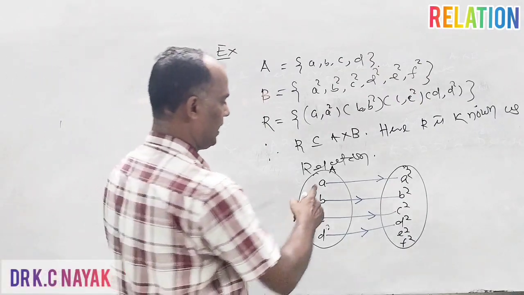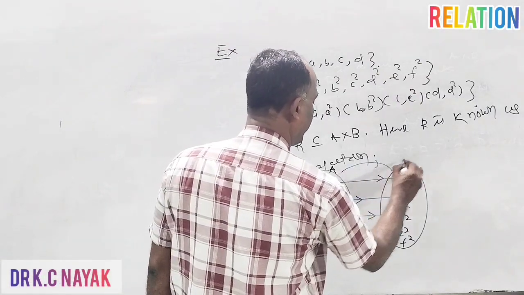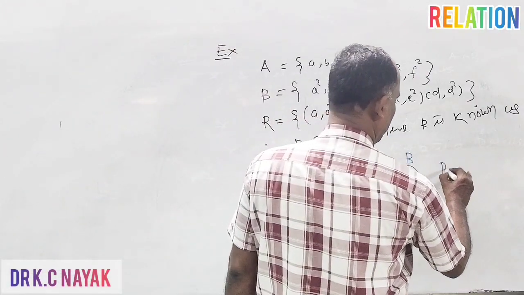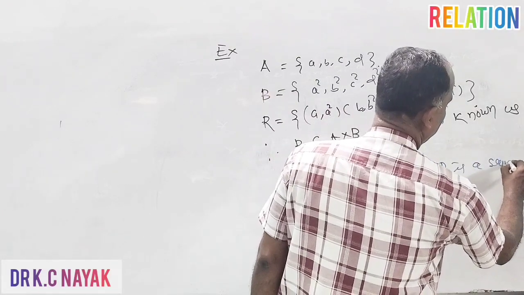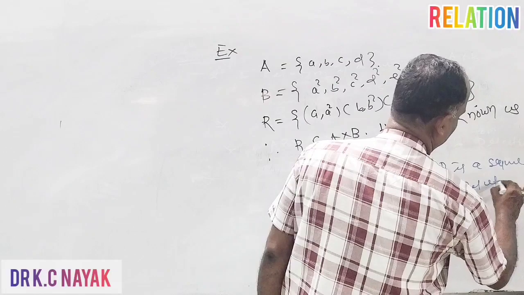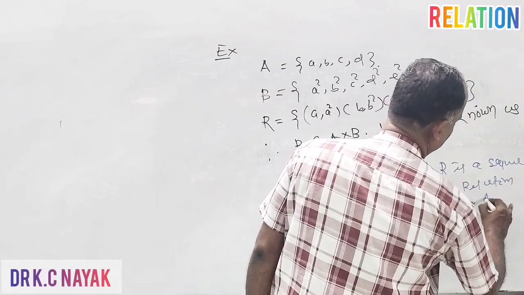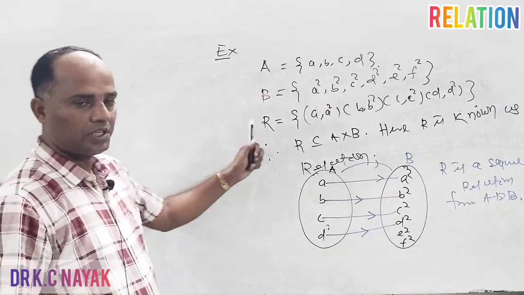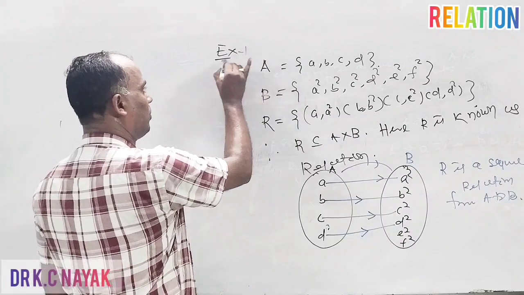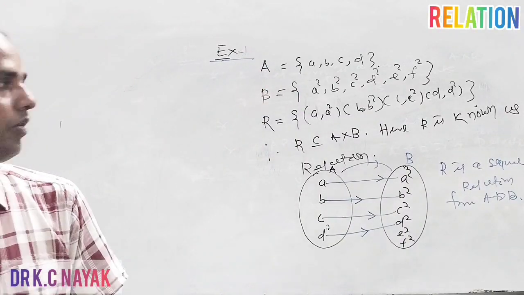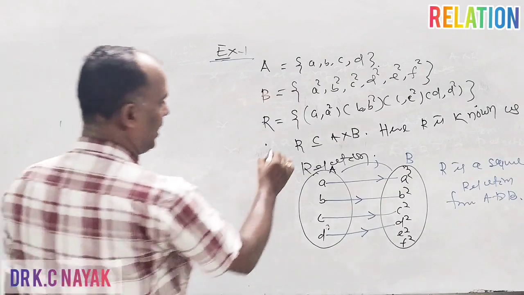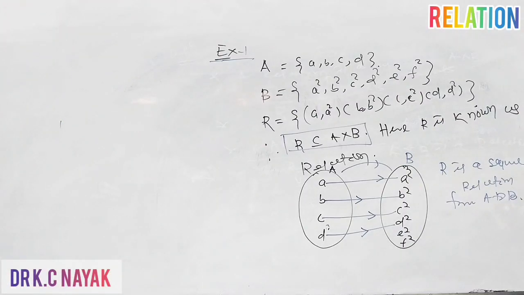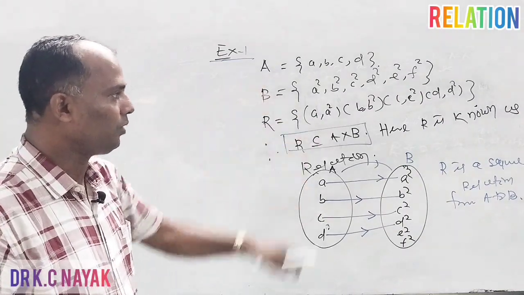That means A is associated to B by a square relationship. That means R is a square relation from A to B. Is that clear? This is my example 1. Here R is a subset of A cross B. That's why R is a relation from A to B.